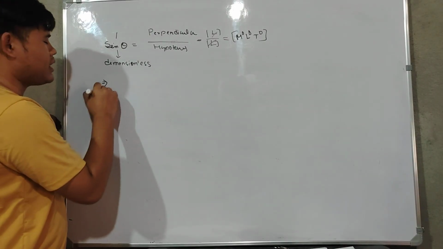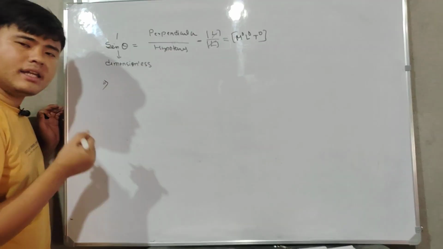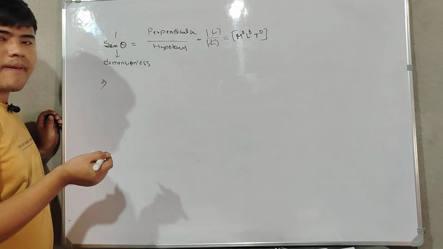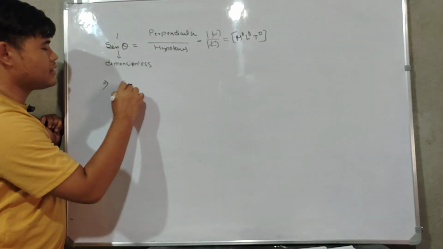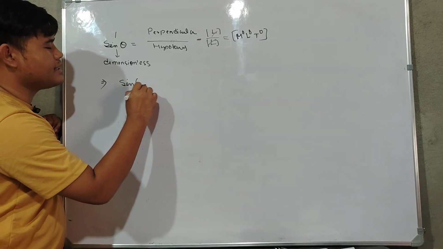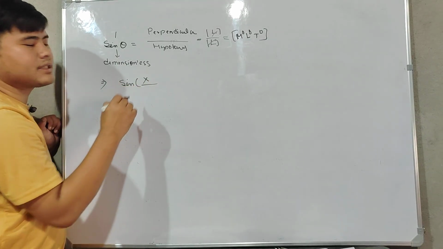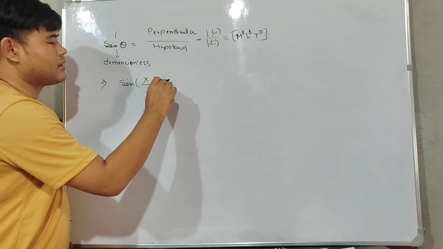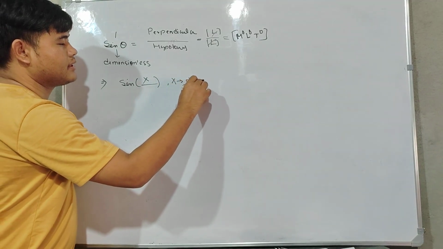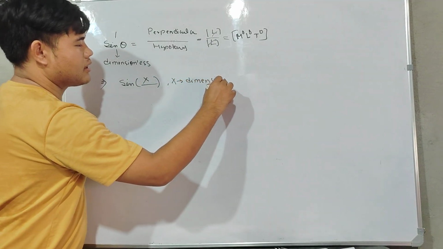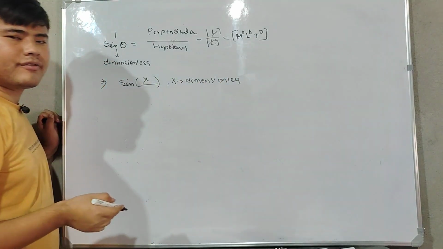Now in the second rule, what does it say? If you find any trigonometric function, then whatever is there inside of it will be dimensionless, okay? Whatever trigonometric function is there.